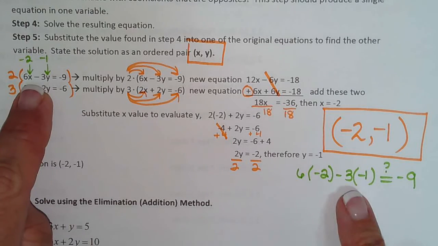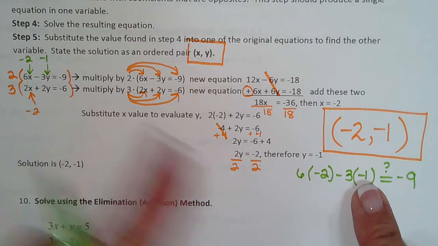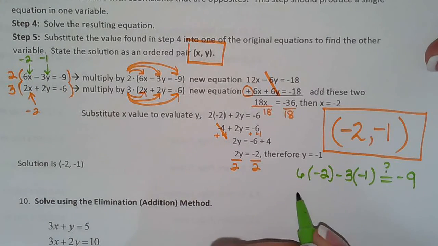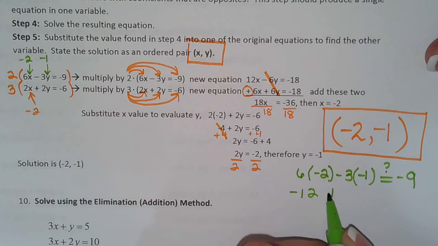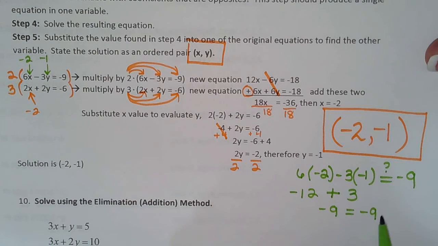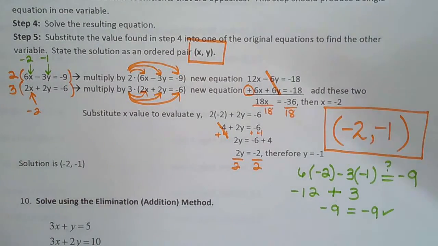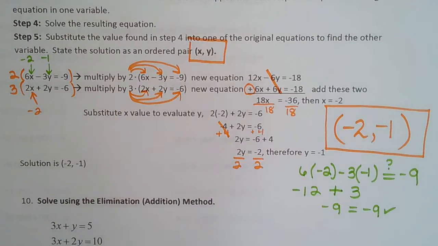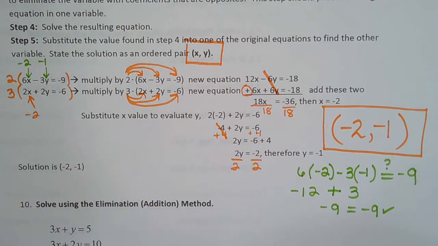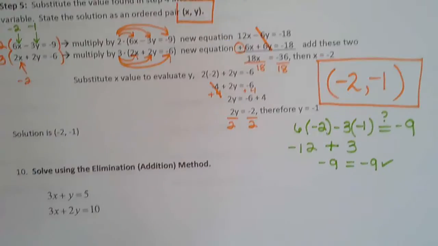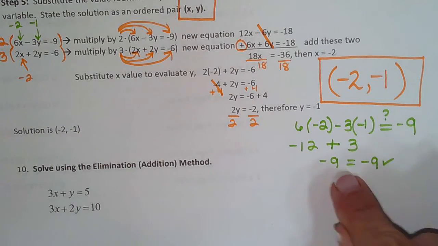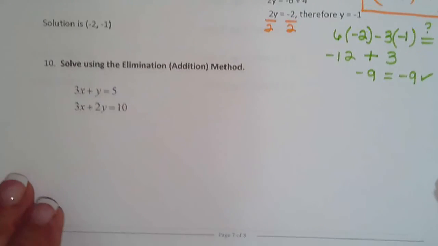So I just rewrite the problem because I'm plugging in negatives. They have to be in parentheses. Is -12 plus 3 -9? Yes, it is. Ding, ding, ding. I got this problem correct. Happy dance.